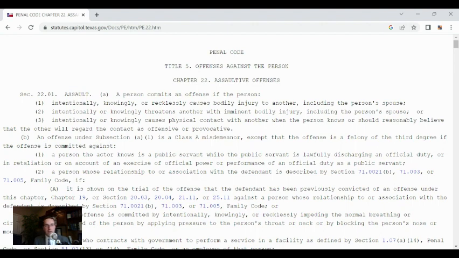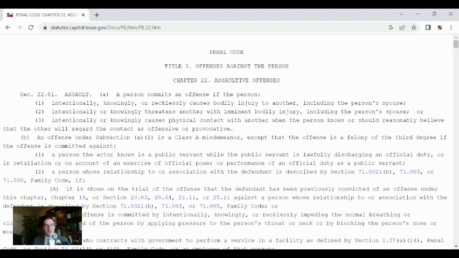Section 22.01 is the section for assault. It's under Chapter 22 of the Penal Code, which covers all the assaultive offenses. And it says, a person commits an offense if the person intentionally, knowingly, or recklessly causes bodily injury to another, including the person's spouse.